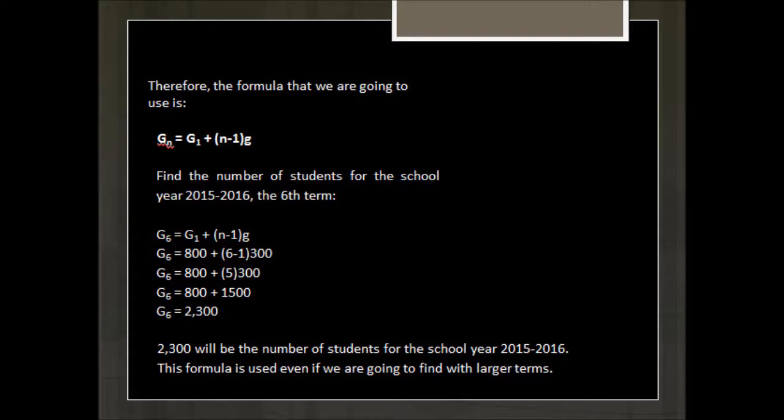So 800 plus the quantity of 6 minus 1 times 300, then g sub 6 is equal to 800 plus the quantity of 5 times 300. We have g sub 6 equal to 800 plus 1500. G sub 6 is equal to 2300. So 2300 will be the number of students for the school year 2015-2016.